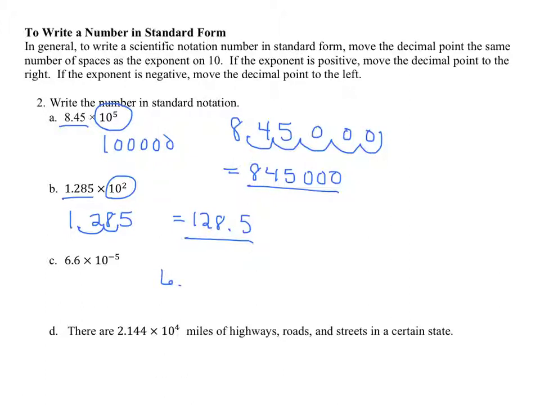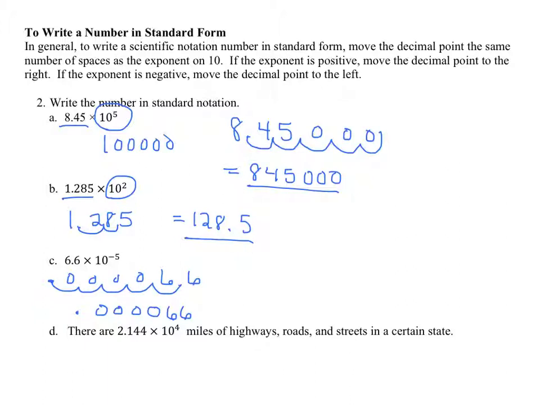So I write my cute little number out, and then I go 1, 2, 3, 4, 5. Bada bing. Add the zeros, and now I write my clean copy. So it's really 66 tenths, hundredths, thousandths, 10,000ths, 100,000ths, millionths, 66 millionths.